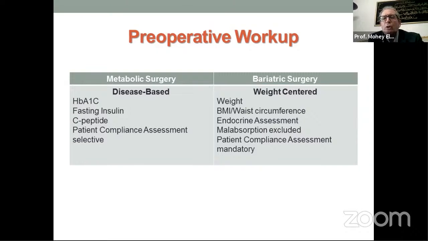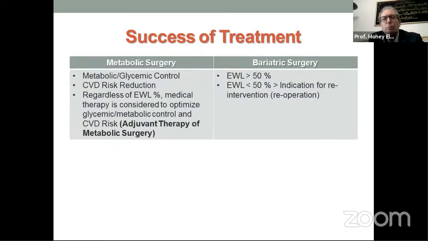For bariatric surgery, the preoperative workup is weight-centered. We measure the weight, the BMI, waist circumference, and we do endocrine assessment. We assess the eating pattern and the condition of the bariatric surgery patient, to choose the better operation for weight loss.